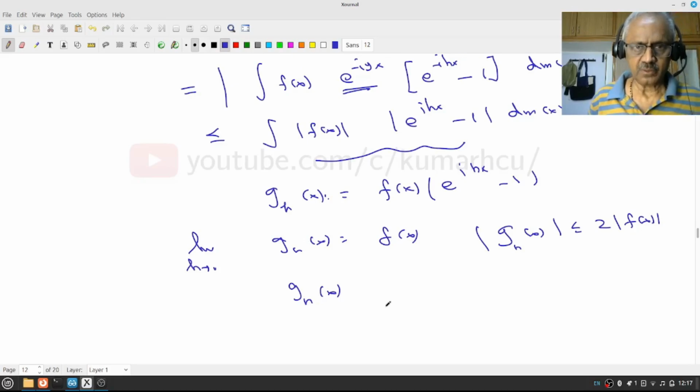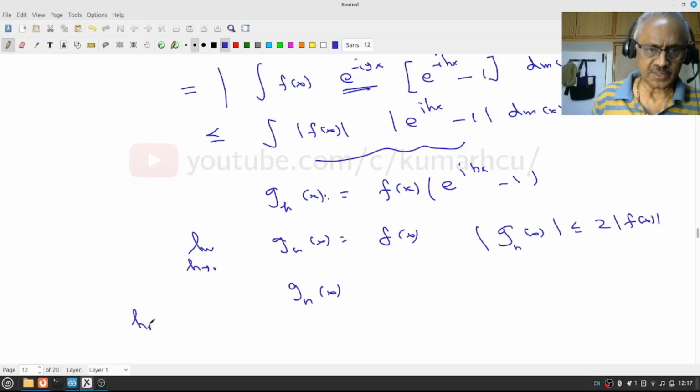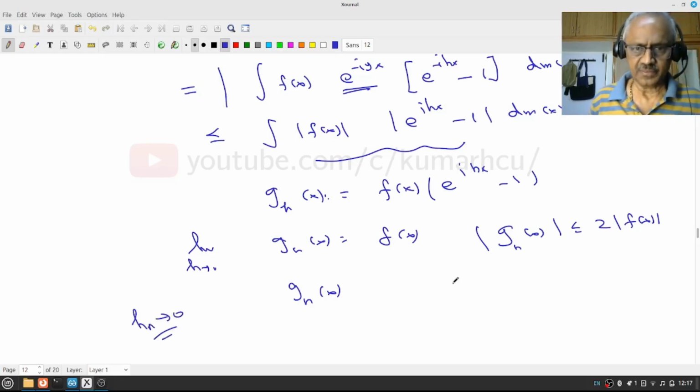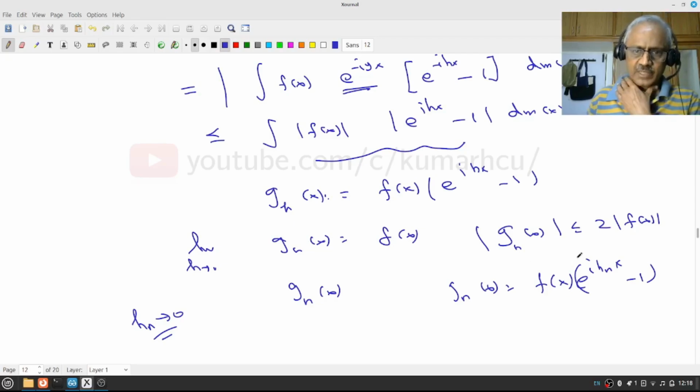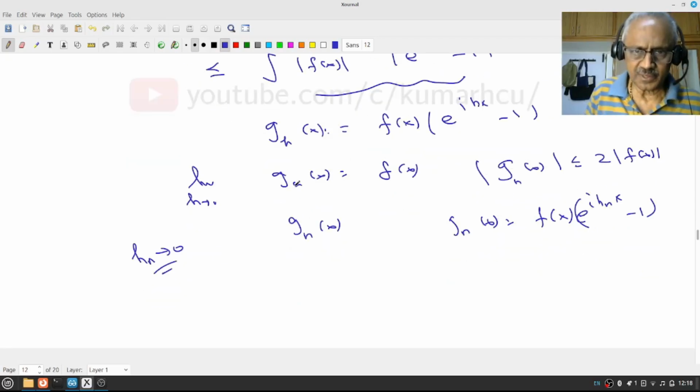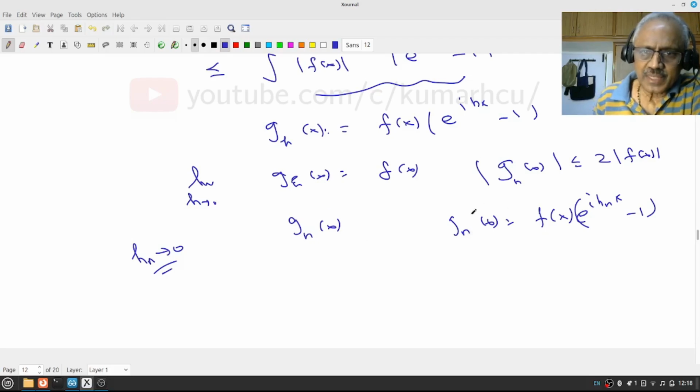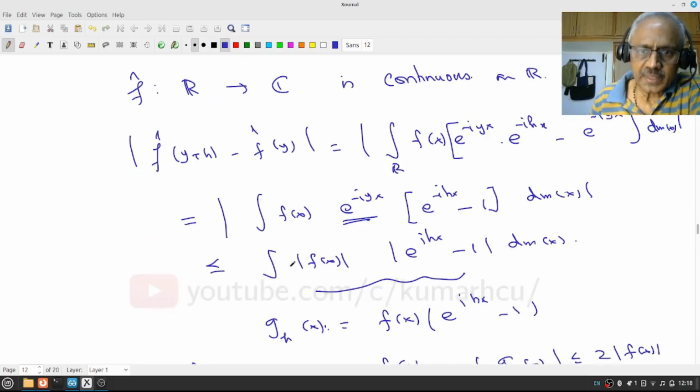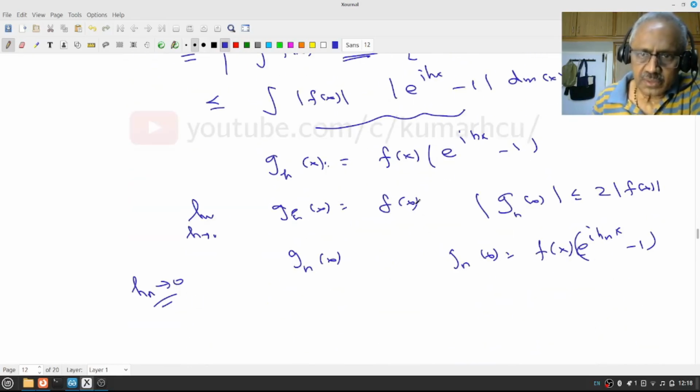If you remember, I can use the dominated convergence theorem for a parameterized family also. If you want, look at a sequence h n going to 0, then define g n of x to be f of x into e power i h n x minus 1. Whatever I am saying will be true. There is no difference between h and n for me. So by the dominated convergence theorem, the integral converges to 0.